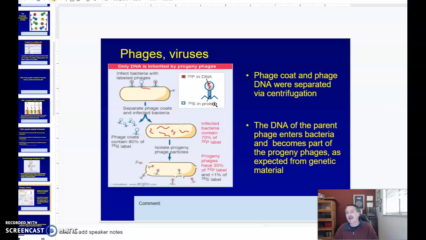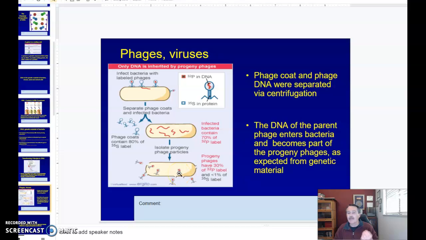And what they found after allowing these guys to infect the host and have the host reproduce them was very little of the S35, if any, was found on the new little viruses. Their little bodies were all made up of stuff that was in the bacteria itself and not radioactive stuff.